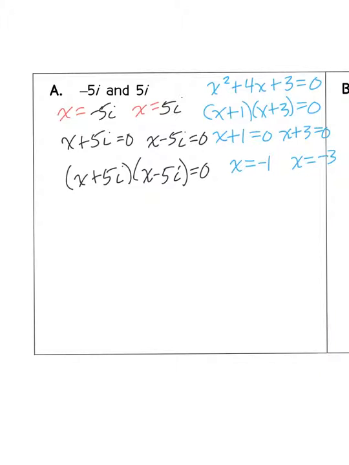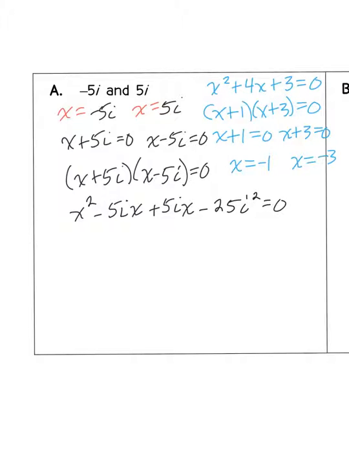So x times x is x squared. x times -5i is -5ix. 5i times x is +5ix. And then +5i times -5i is -25i squared equals 0.